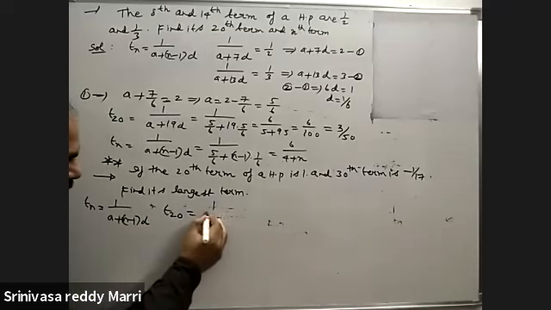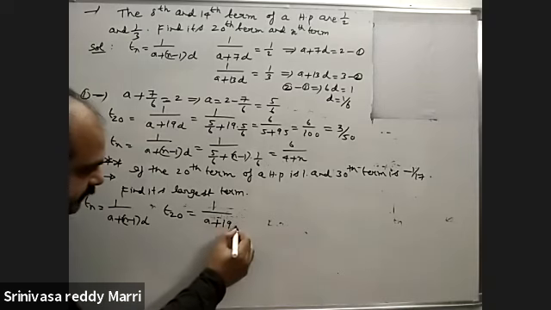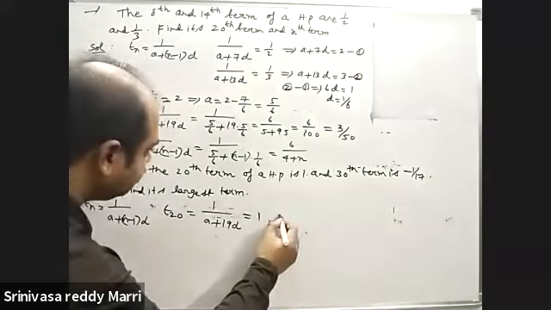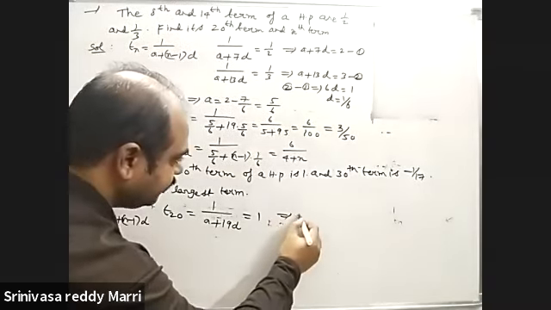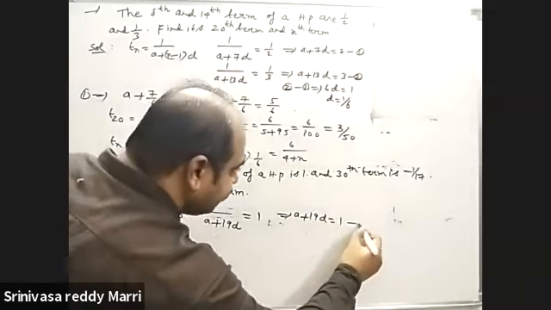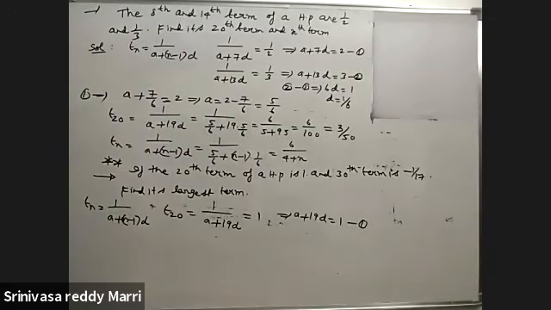T20 is nothing but 1 by a plus 19d, which is given as 1. That means a plus 19d is 1. Let us take it as the first equation.